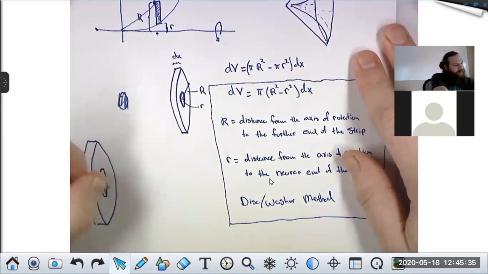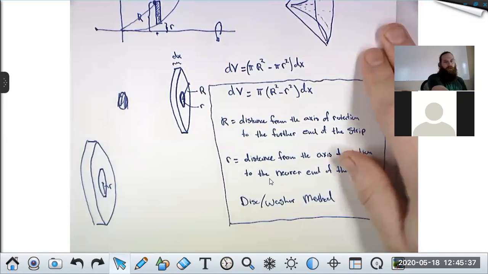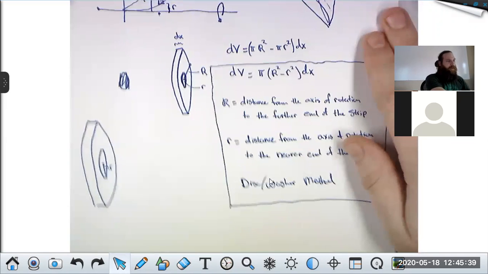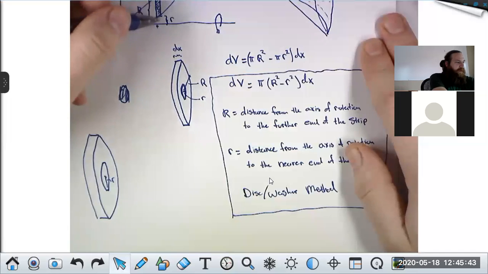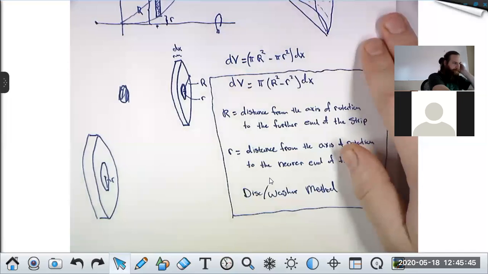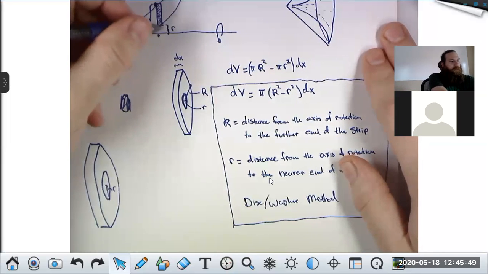So this is little r, right? It's the space between this strip, which sweeps out my solid, and the axis of rotation. So it's always going to be the distance from the axis of rotation to the nearer end of the strip.